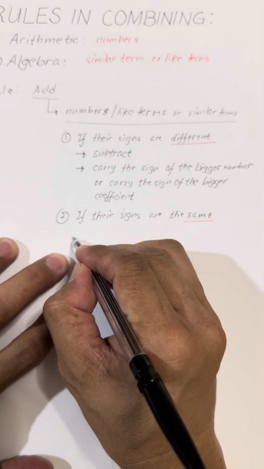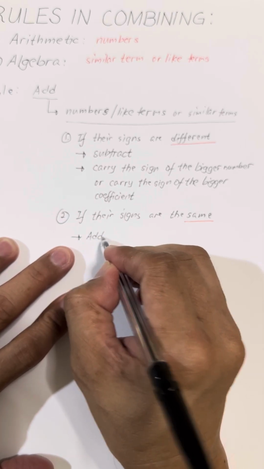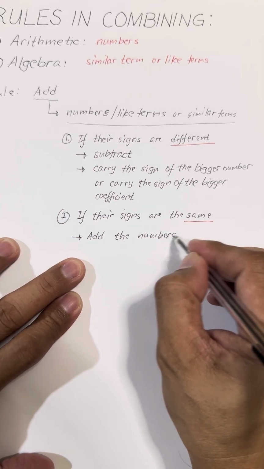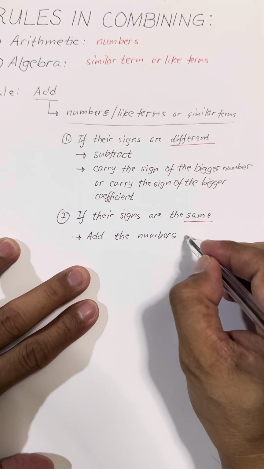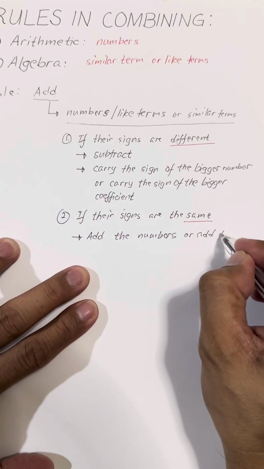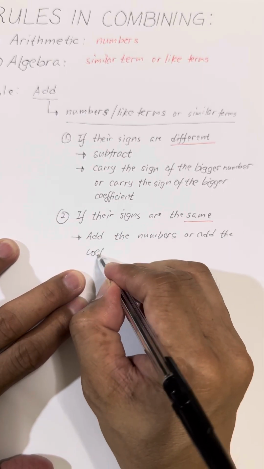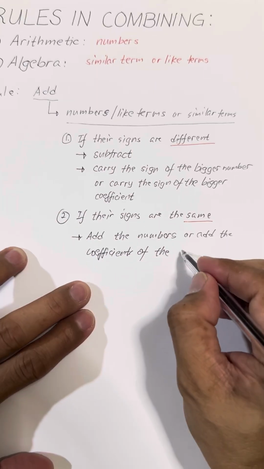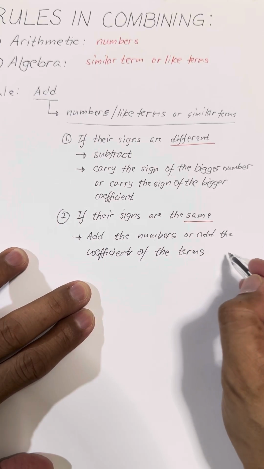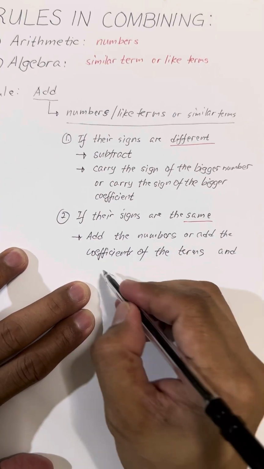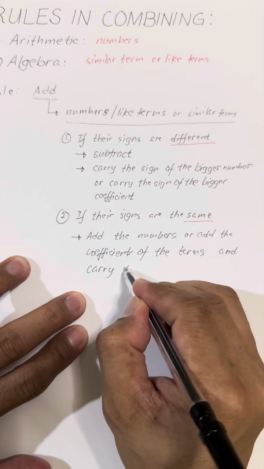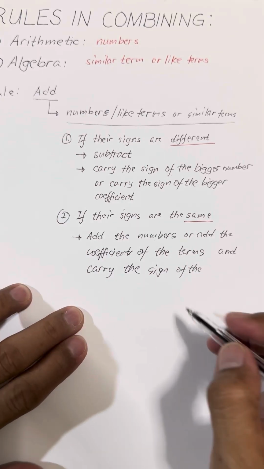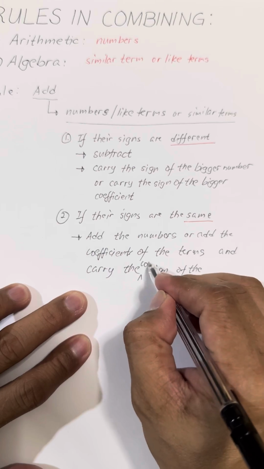You just add the numbers, or when you're dealing with algebra, add the coefficients of the terms, and carry the common sign.